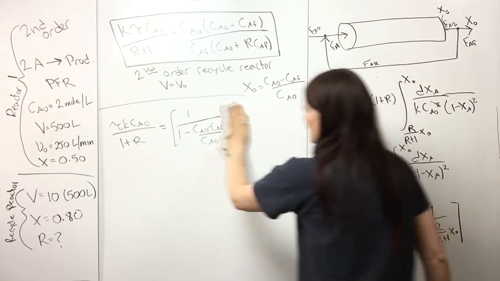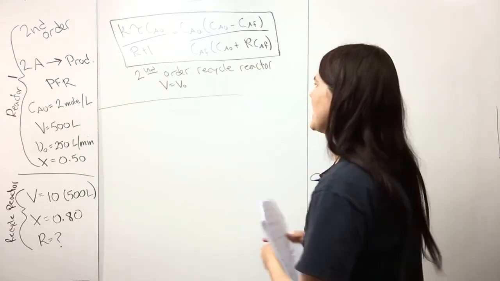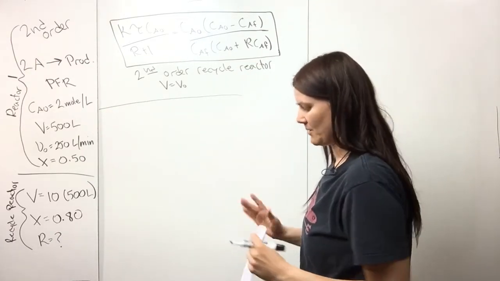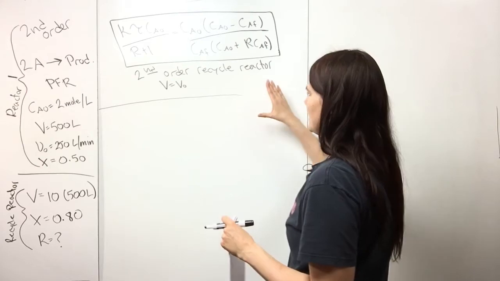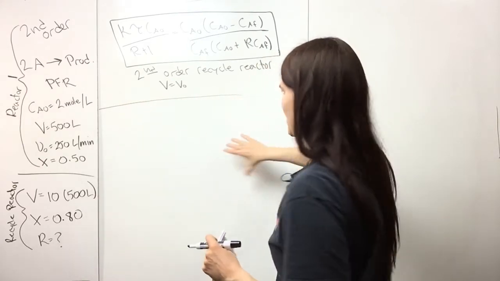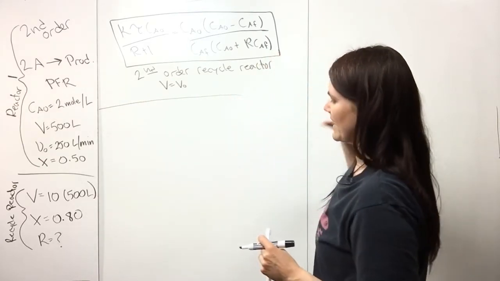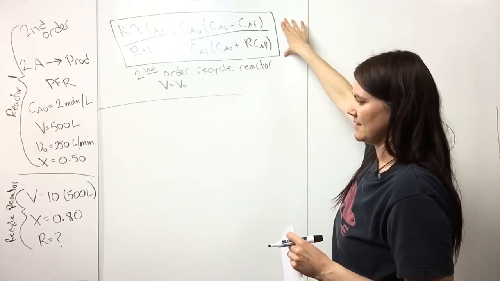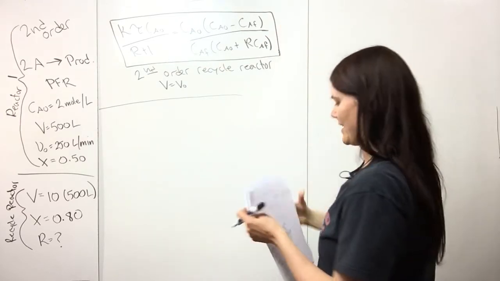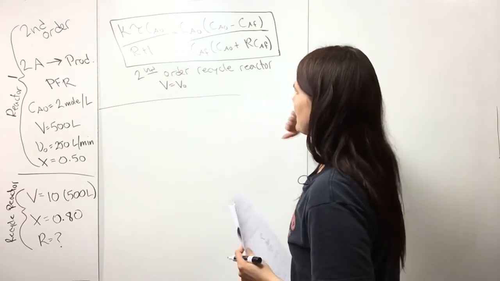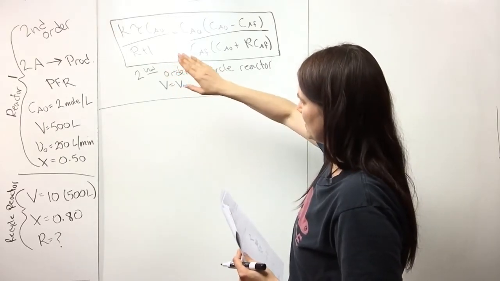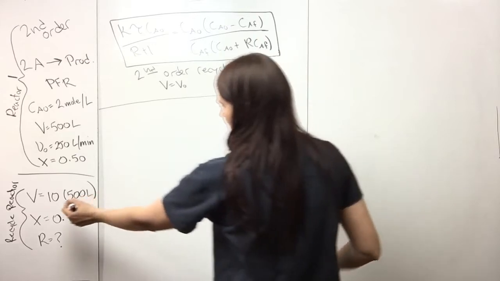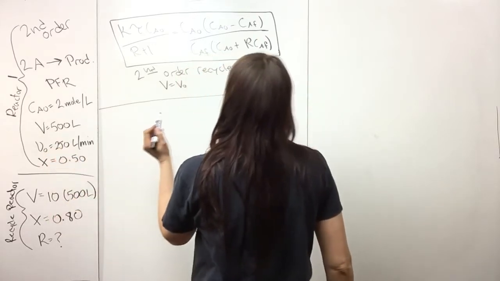So I'm going to erase some stuff. And coming back to the actual problem, problem 2 of this exam review, you were given this information and you said, okay, I have a second order recycle reactor, so you wrote down the integrated equation for that. And we're looking for R, so we know tau, because we know V over V naught.